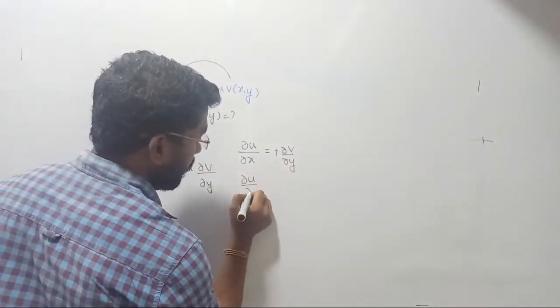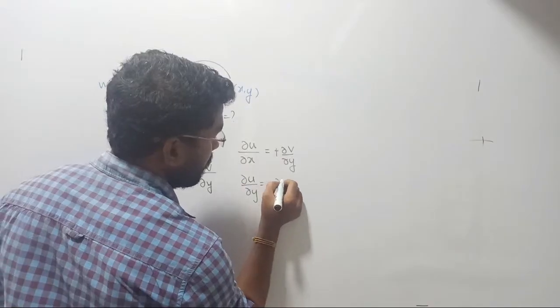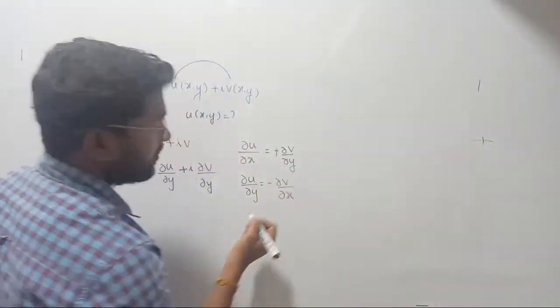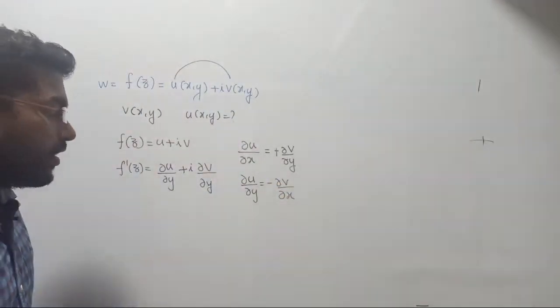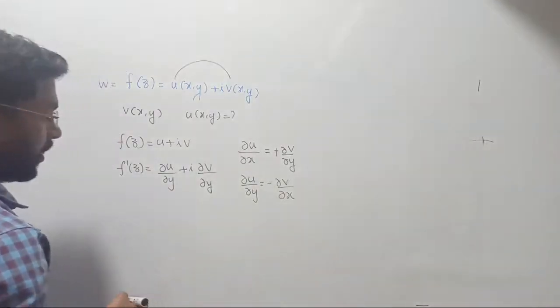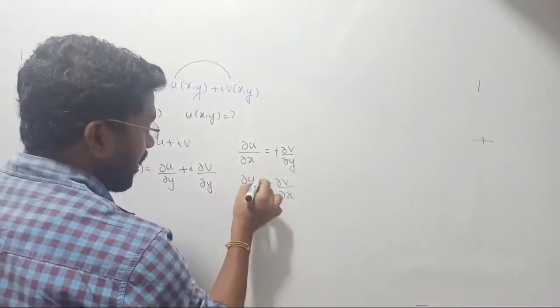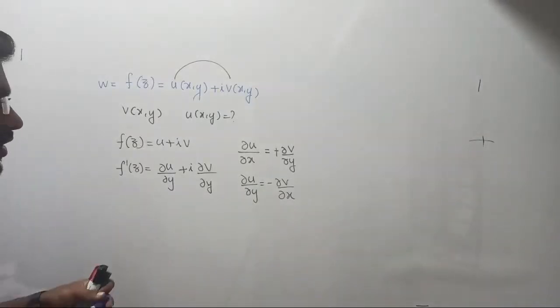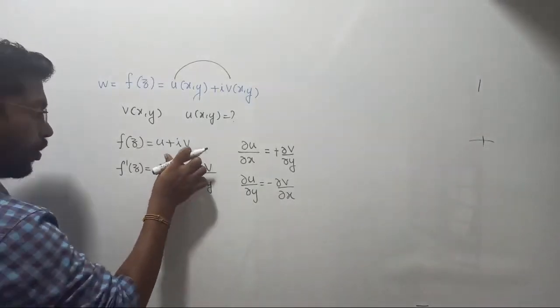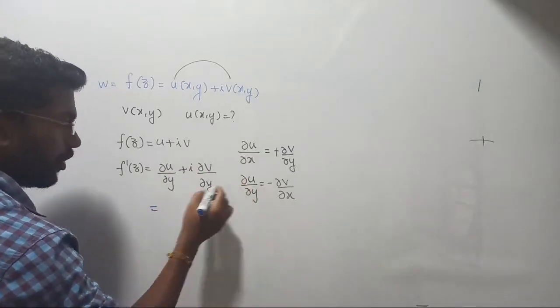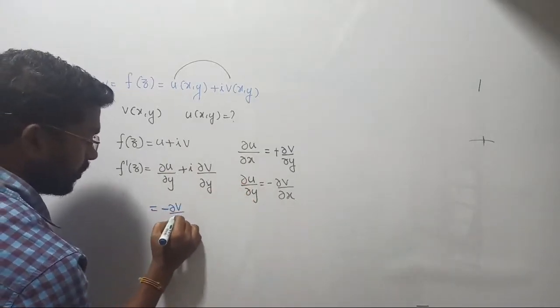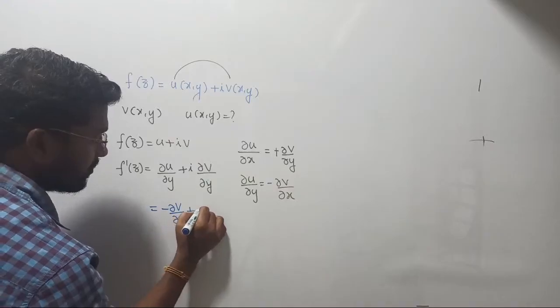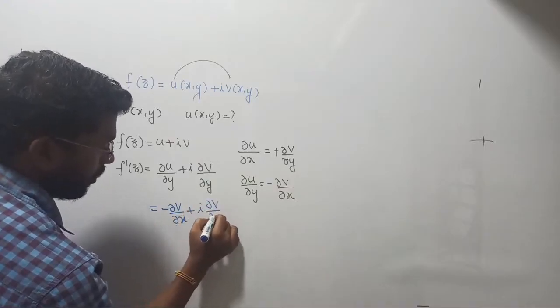Similarly, dou u by dou y will become minus dou v by dou x. Exactly, that is the Cauchy-Riemann condition. Now here, dou u by dou y can be replaced by minus dou v by dou x. So I can consider dou u by dou y as minus dou v by dou x plus i into dou v by dou y.